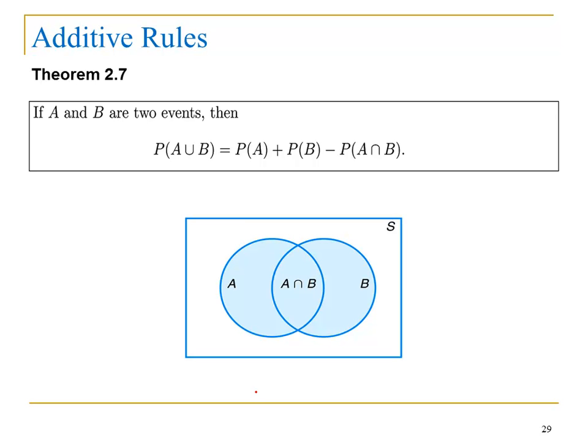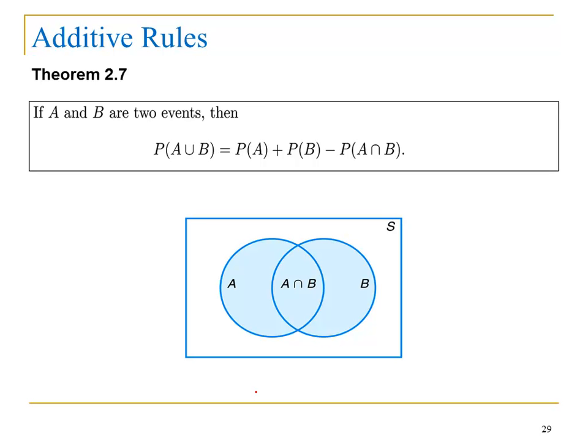You need to subtract the intersection, because if not, you're going to count that space twice, because you have that space for A and that space for B. So if you have these two events, this is the expression that you need to use. Probability of A union B equals this.